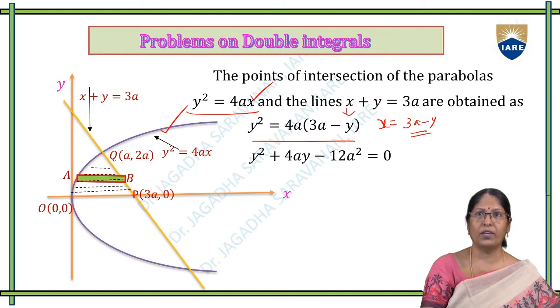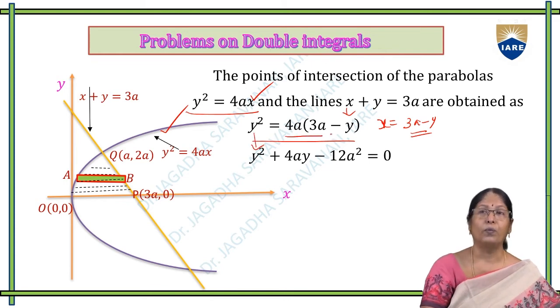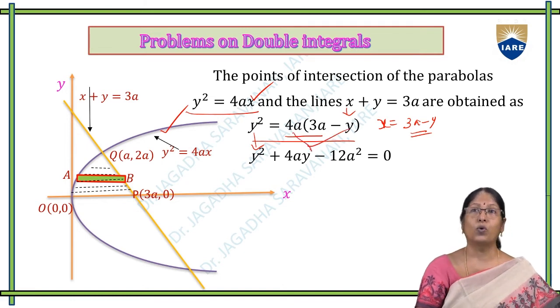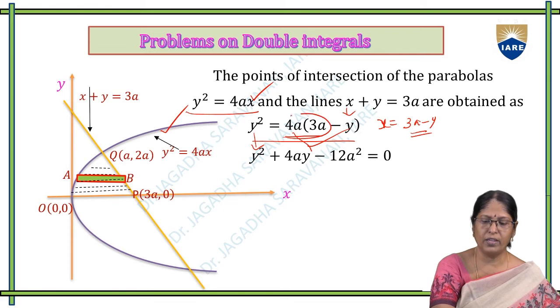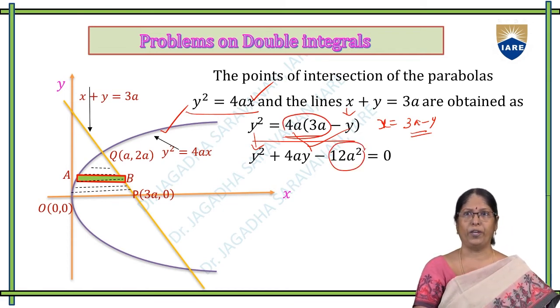Substituting here, y square equals 4ay plus, multiplying 4a and 3a, 12a square.